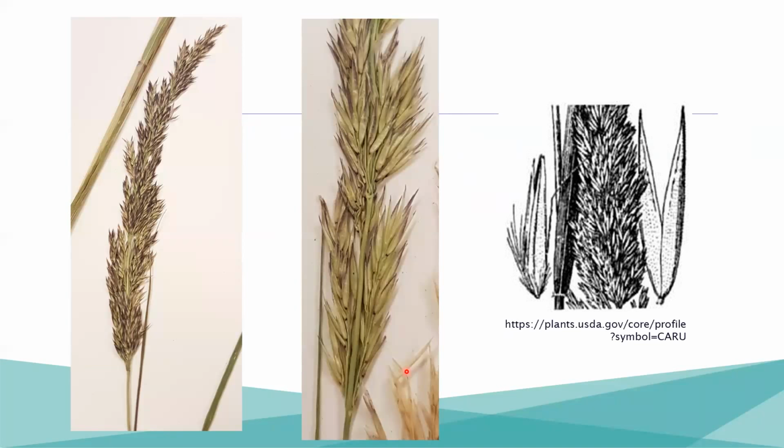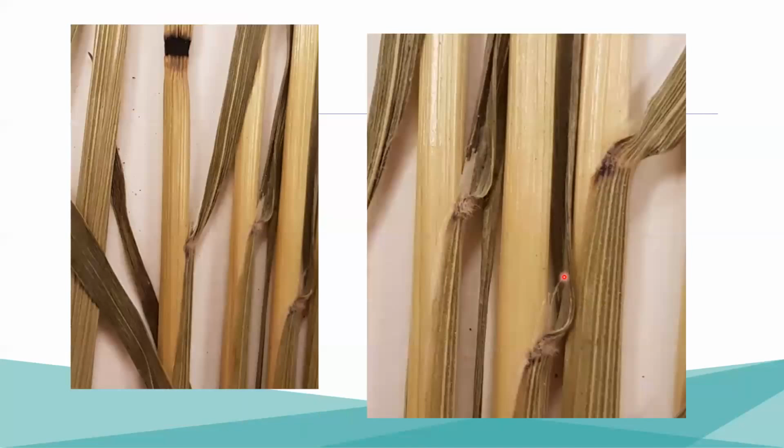All right, so we have a bit of a purple color on the glumes. There's a bit of an awn that pokes out here. We have that ligule being quite long and papery, and then on the back of the collar, we see that there's quite a few hairs.